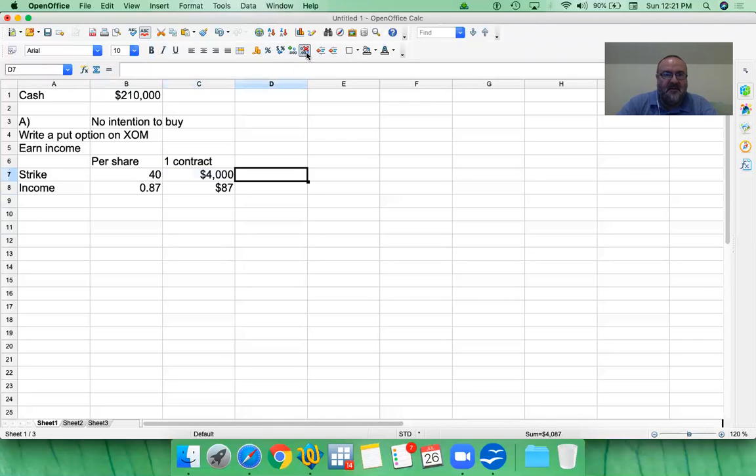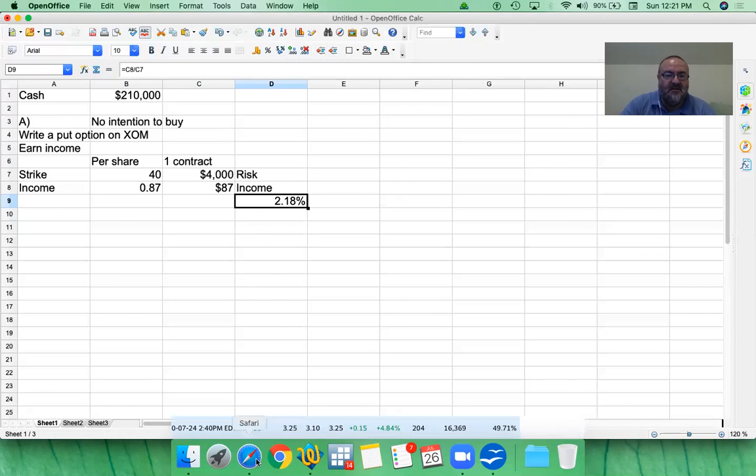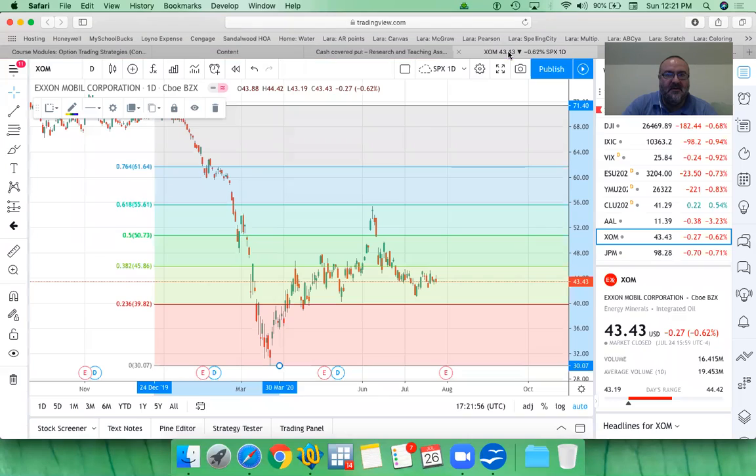Now, notice this is actually your risk, and this is the income. And this is a monthly income. So let's look at, well, a little less than a month. That's about 2.18% to make on Exxon at $40. Now, obviously, what can happen is that Exxon can sag below the $40 level.